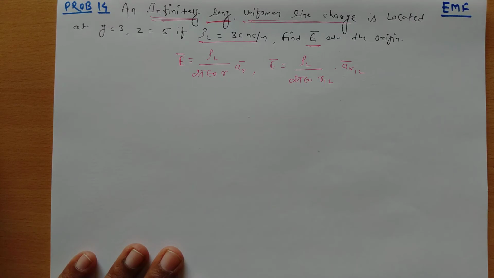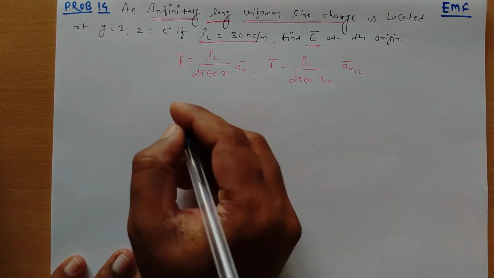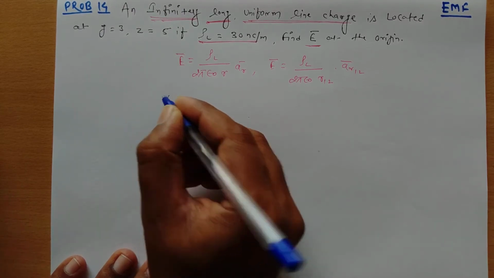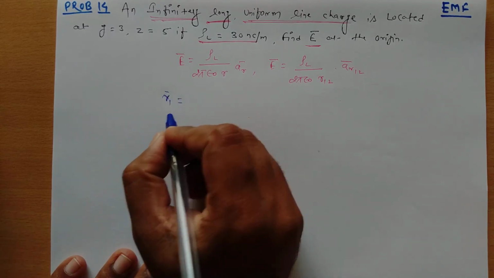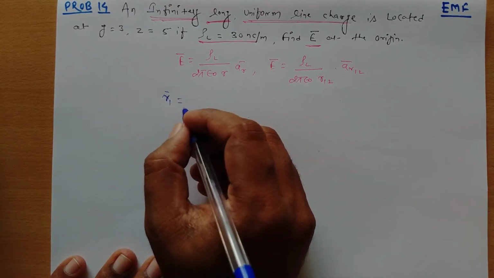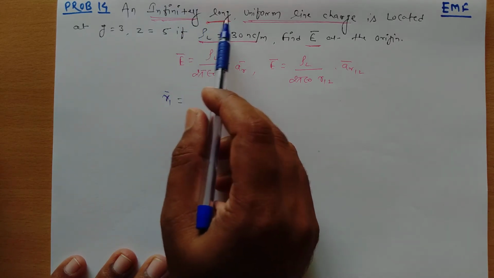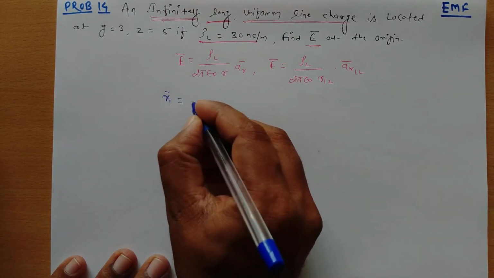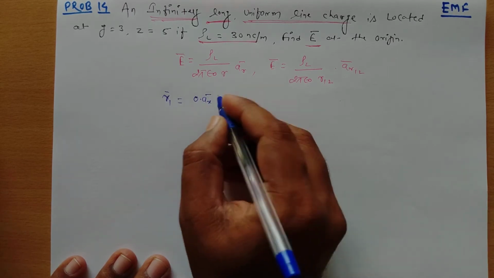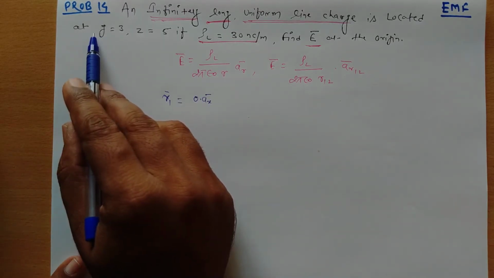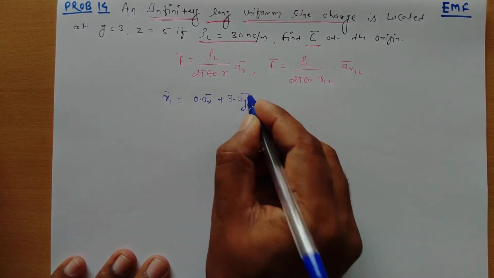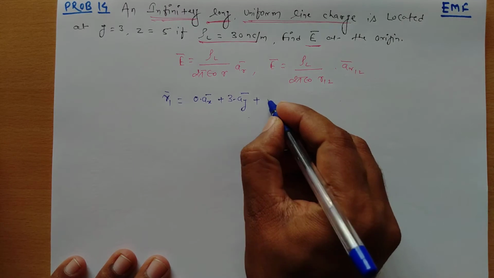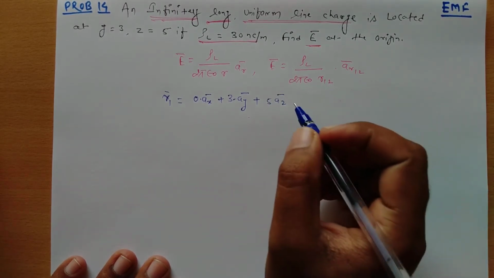So here R1 is the position vector of the infinitely long line charge distribution. It is 0 into ax, because there is no x coordinate here, so x is equal to 0, plus 3 ay, plus 5 az, right?